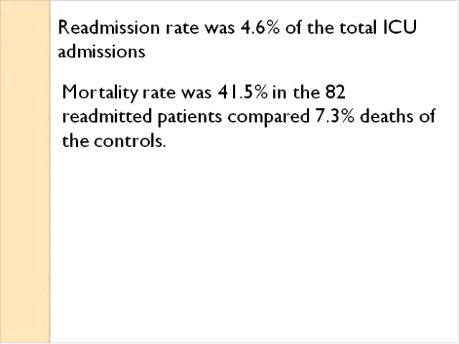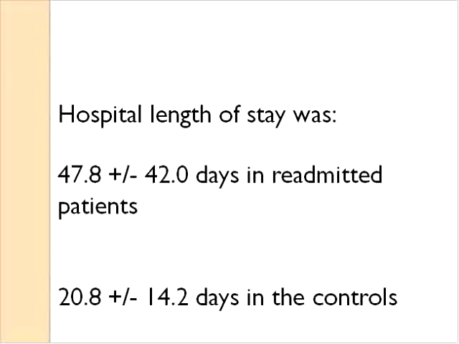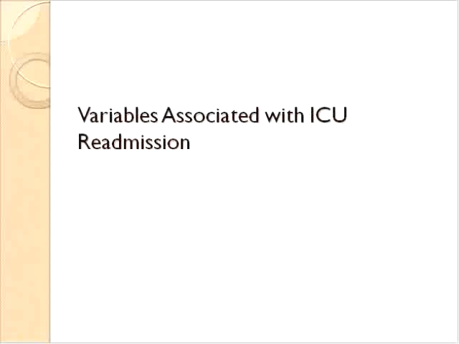However, just as we noted in the earlier studies, the mortality rate was exceedingly high, and even with our case matched, probably close to same risk patients, the mortality was huge. 41% of those 82 patients compared to 7.5% of the patients we'd chosen as matched controls. Their length of stay was considerably longer, as you might guess, and that accounts for their increased cost. Their hospital length of stay obviously was long as well.